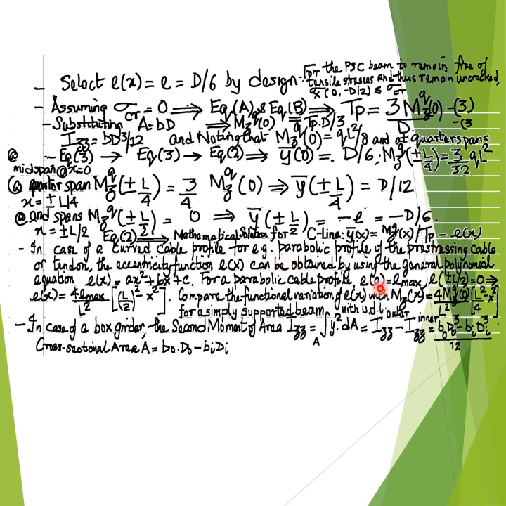Noting that the functional variation of e, that is the function e with the argument x, is a parabolic equation, the cable profile of the pre-stressing cable has the same shape as the shape of the bending moment diagram, that is the externally applied bending moment M subscript z.